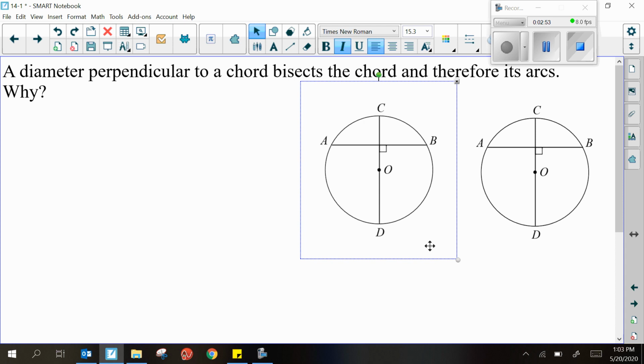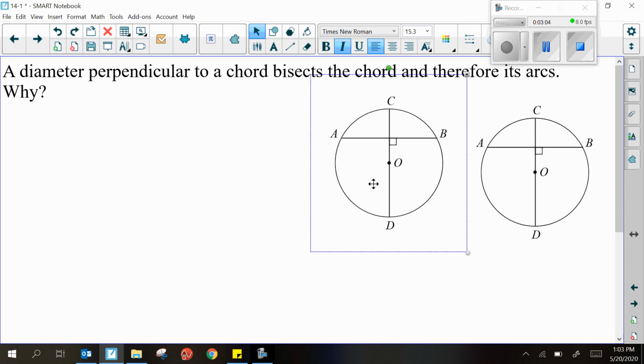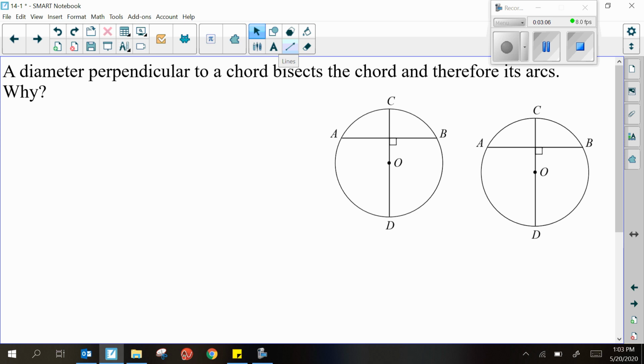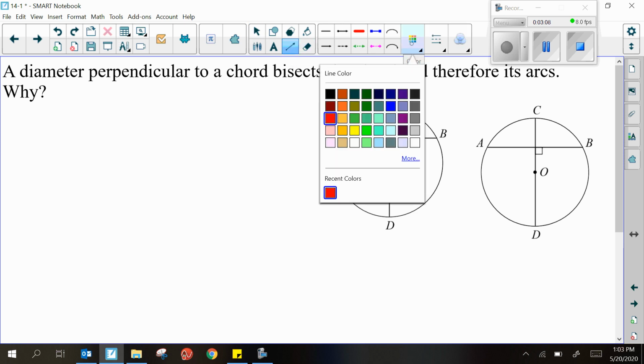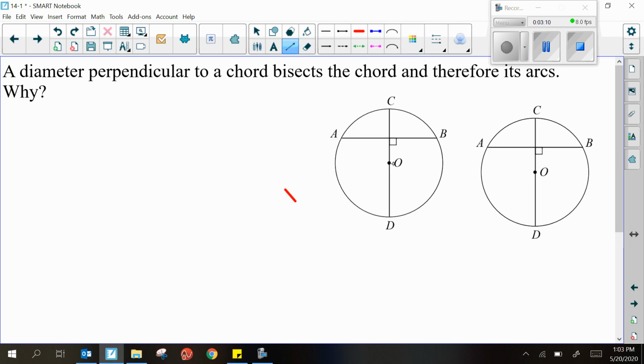One thing you might notice is that you can draw in the radii. Oops, I had to pause for a second, and I don't know what happened to my arrow. There it goes. Okay. So I can connect from O to B and from A to O, and those are radii. So I'm going to mark those as being congruent.